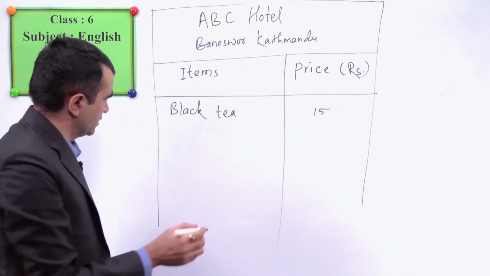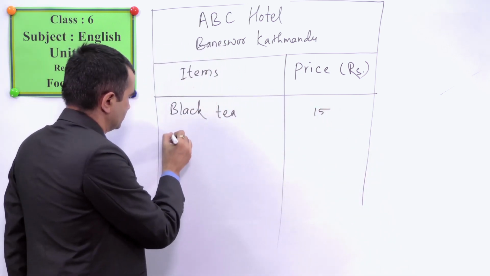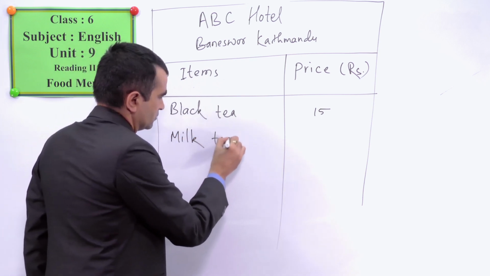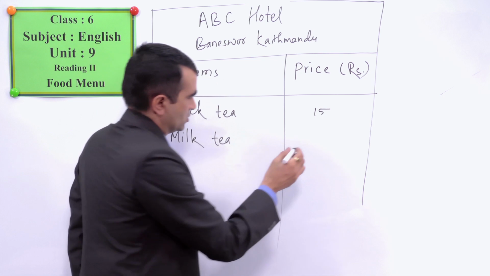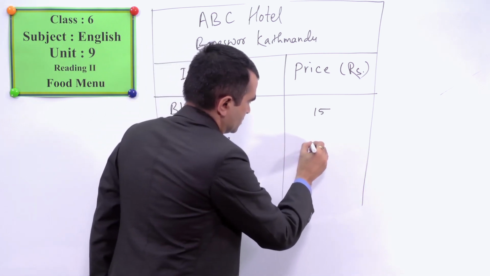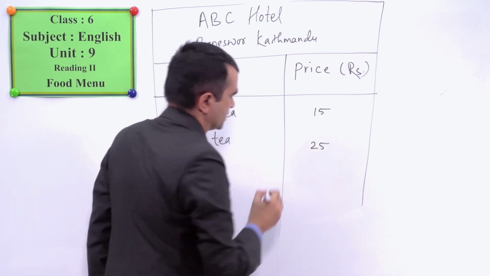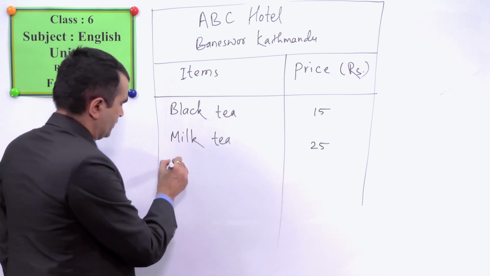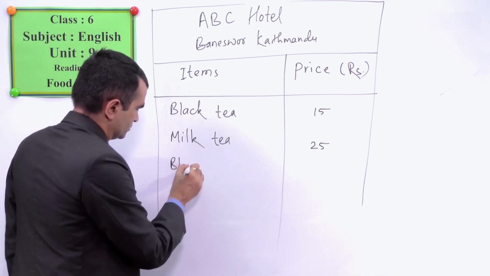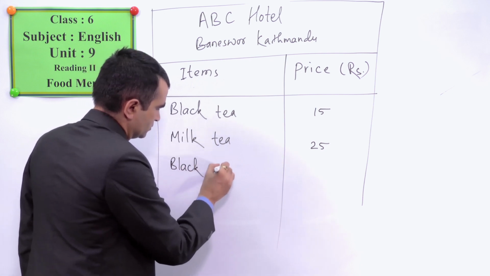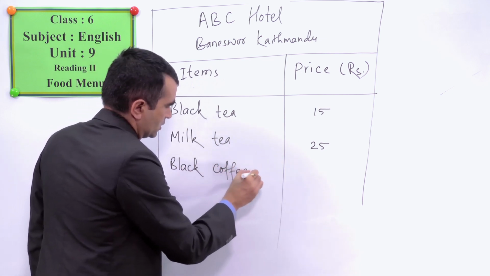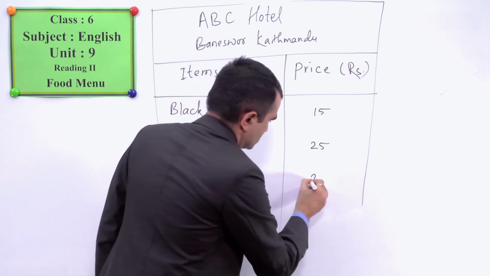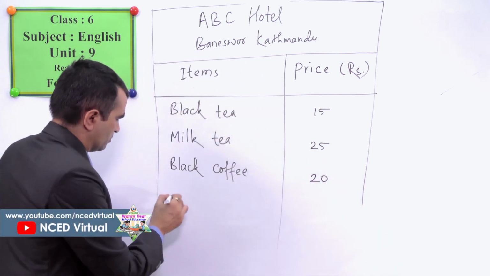Okay. Milk tea, 20 rupees or 25 rupees, let's write. Well, coffee, black coffee, 20 rupees.